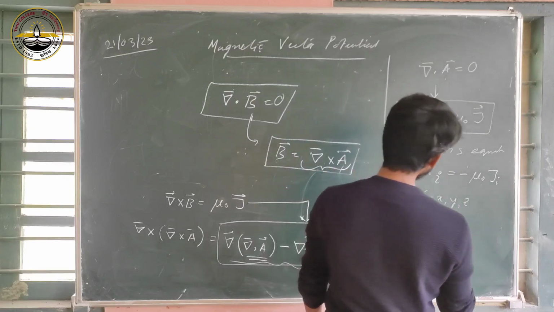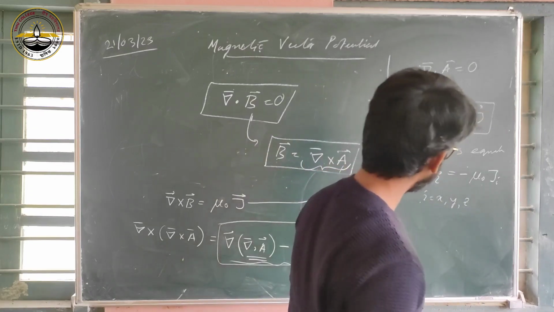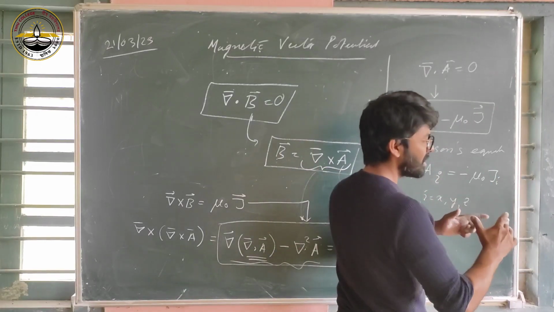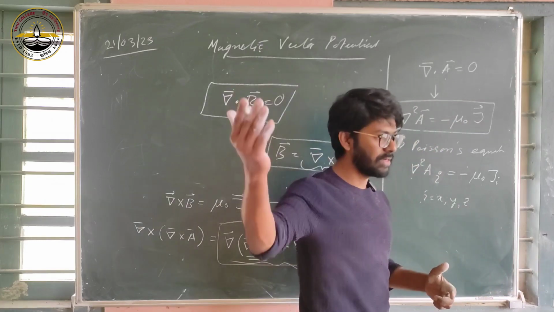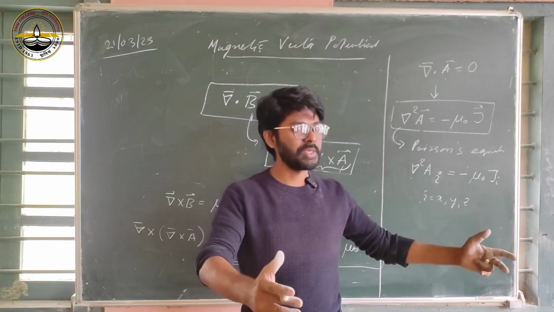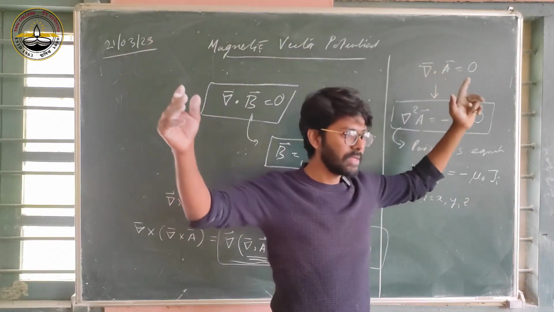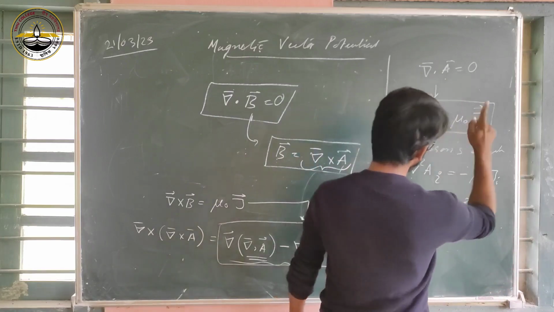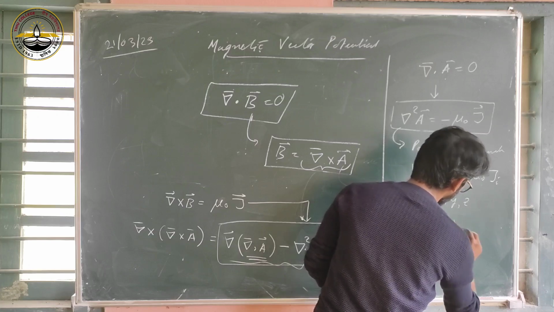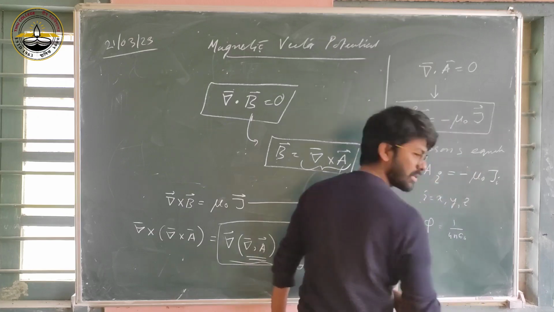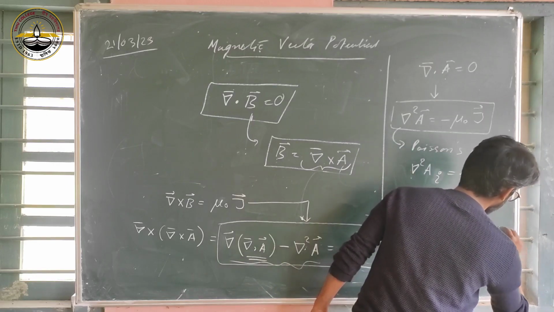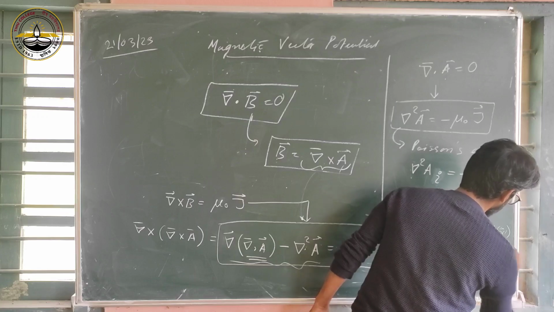And just like electrostatics, one condition is that charge density must go to 0 at infinity. Whatever charge you have must be confined in a finite space, right? It cannot go on forever. If that was the case, the solution was phi equal to 1 over 4 pi epsilon naught integral d tau prime rho of r prime by r.